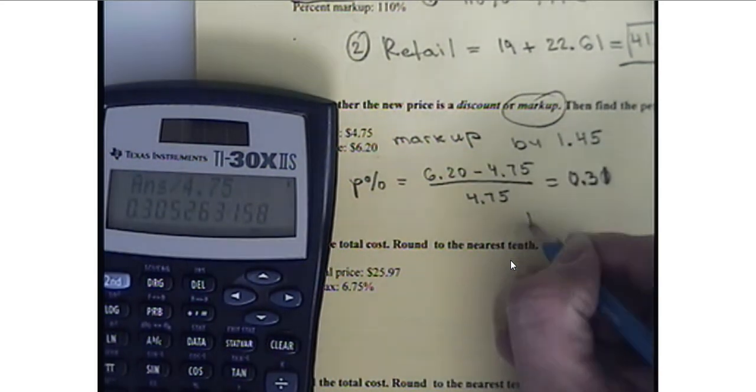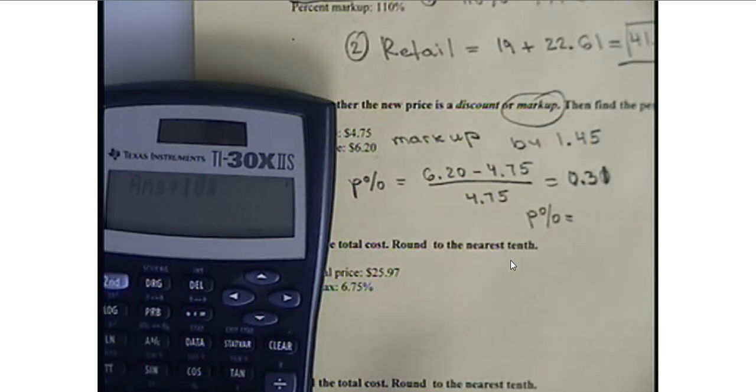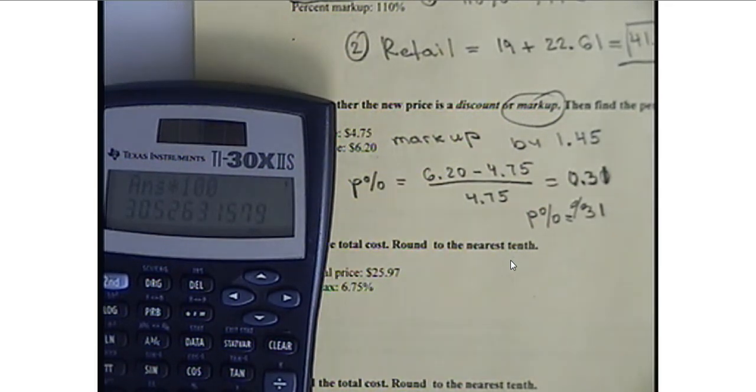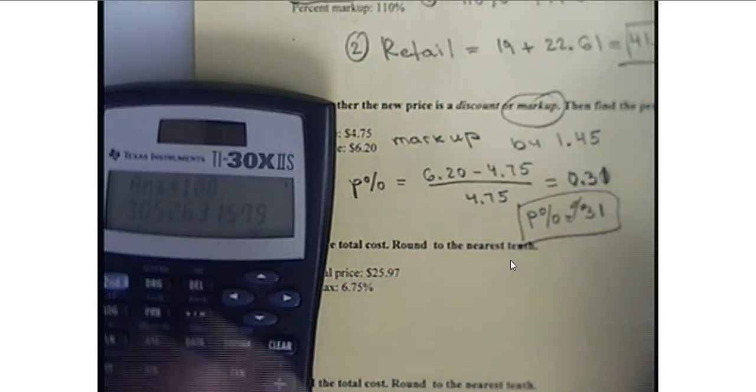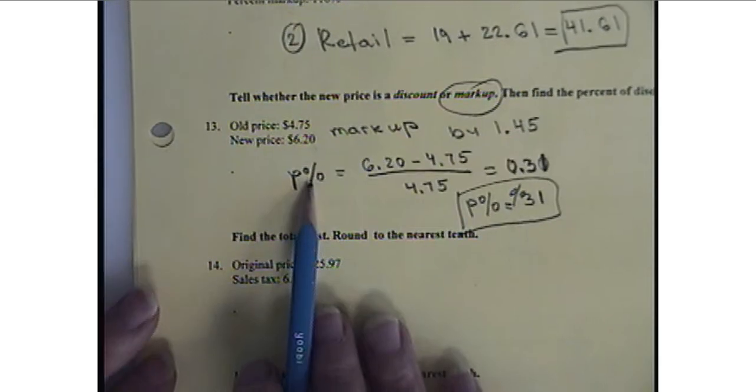But remember, the percent is when we multiply by 100, so the percent will be 31%. So for this particular example, it went up by 31%.